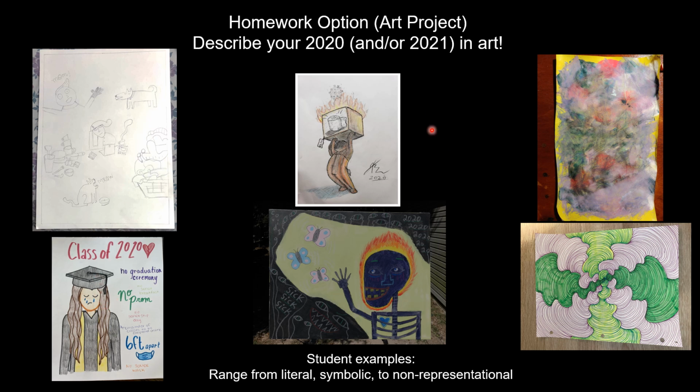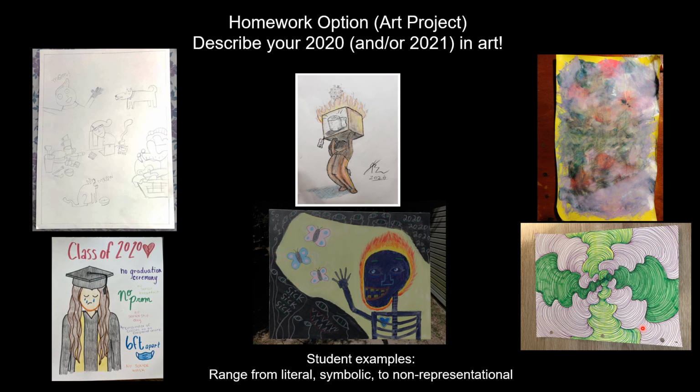Some people chose to use symbols, a dumpster fire, a case of toilet paper, the virus itself, and everything sort of crushing the person underneath. And this person wrote about the symbols that he used, a skeleton representing death, but the hope that he tried to find within it, represented by the butterflies.